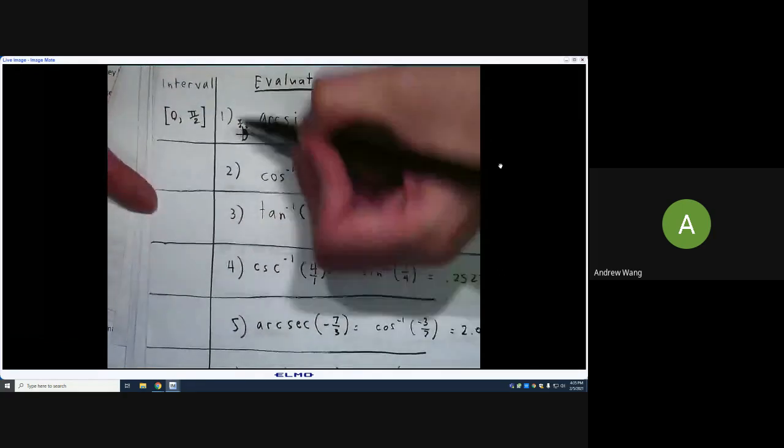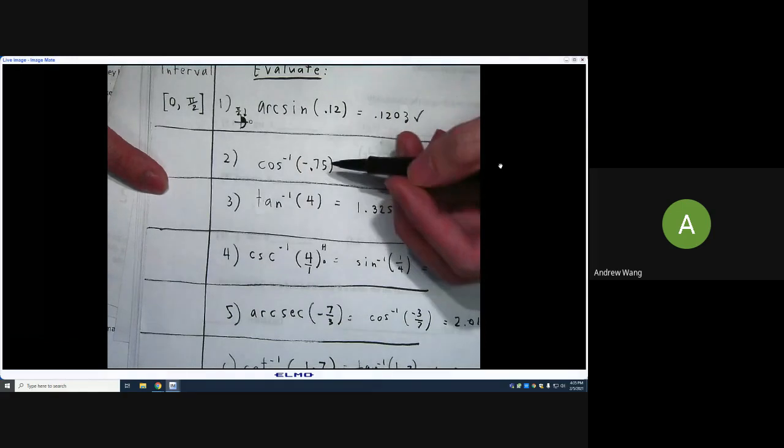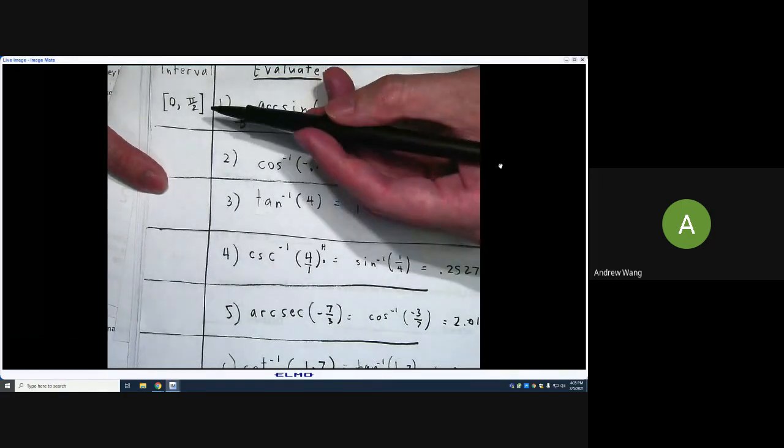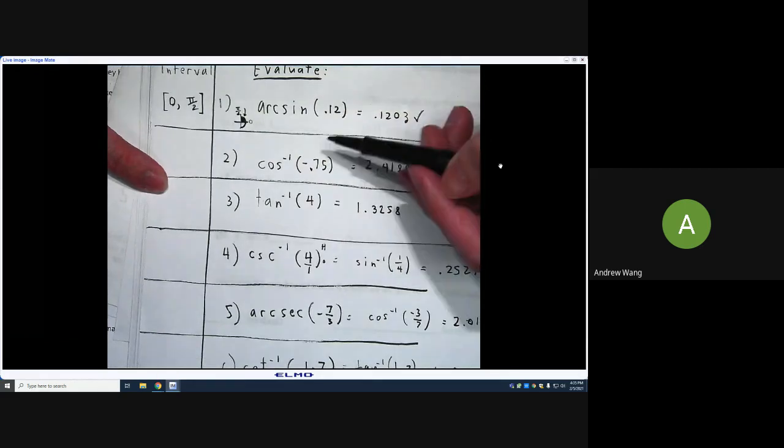Okay? So that just tells us that 0.12, the answer is going to be somewhere between 0 and π/2. And this, by the way, is between 0 and π/2. So it checks out. Okay? π/2 being like 1.7 something. So yeah, this is between 0 and 1.7 something. Let's look at this next one.